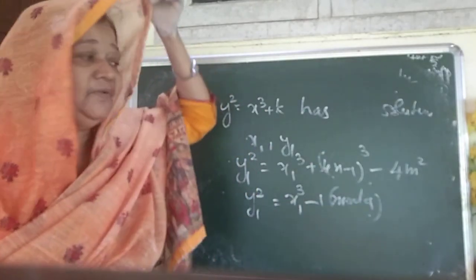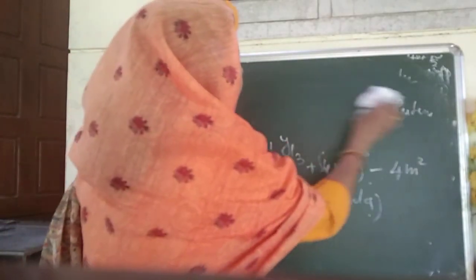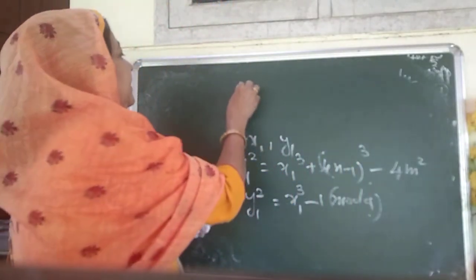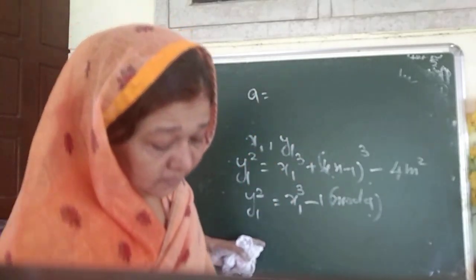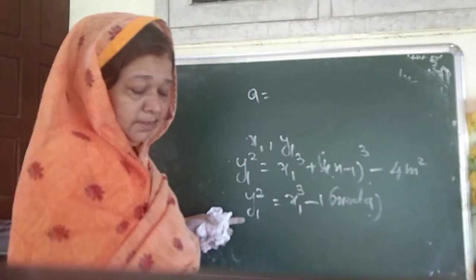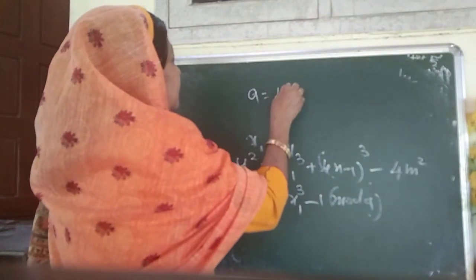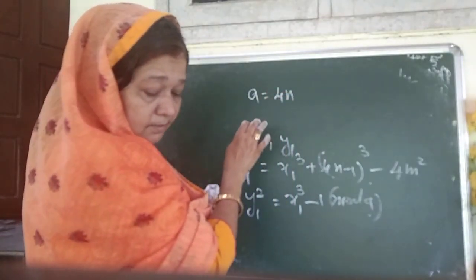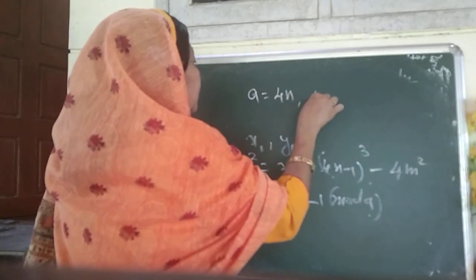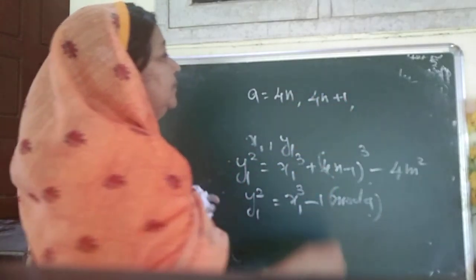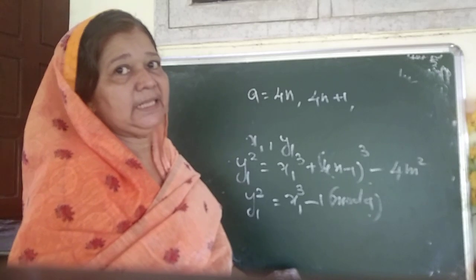Then we know every integer a can be expressed as 4n, 4n plus 1, 4n plus 2 or 4n plus 3.